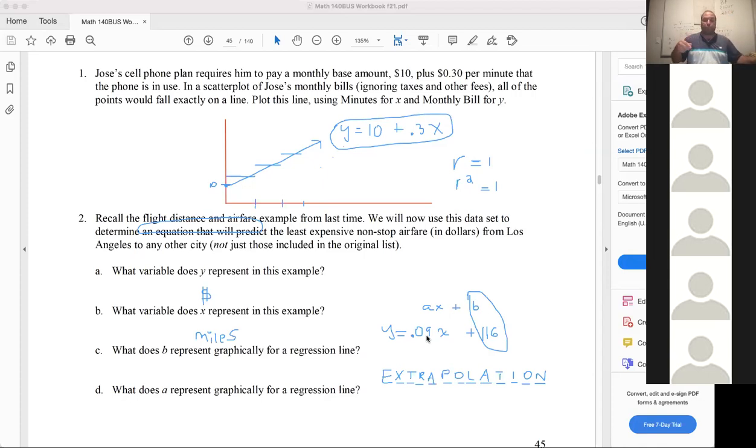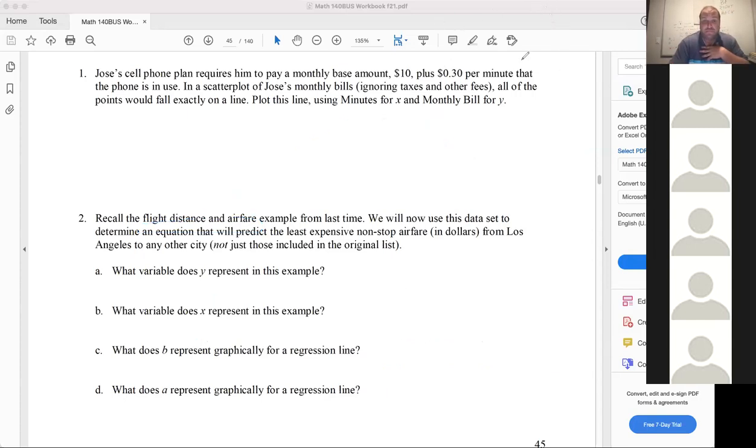So for every mile further, it should cost me 9 extra cents. How much does the cost go up as the mileage goes up? For every 1 mile increase, my cost on average increases by 9 cents. That's exactly what it is. Does that make sense? Yes.